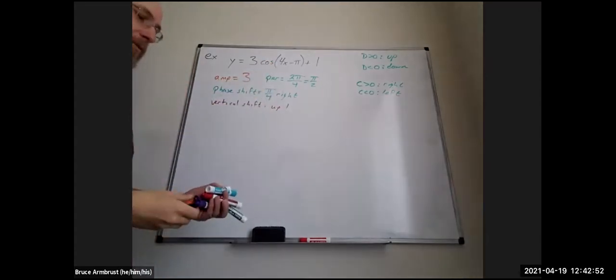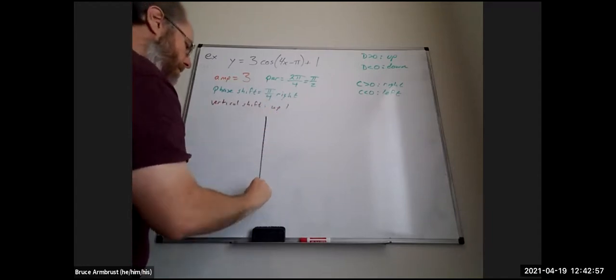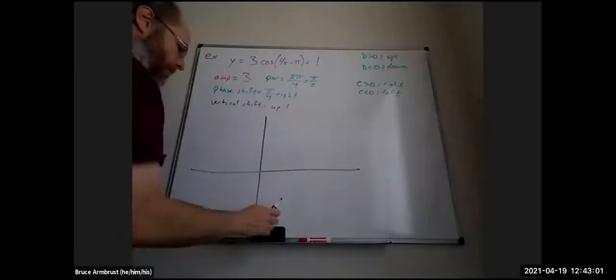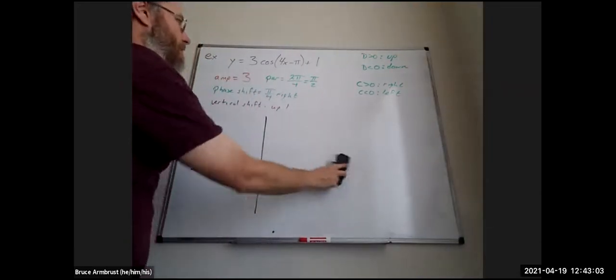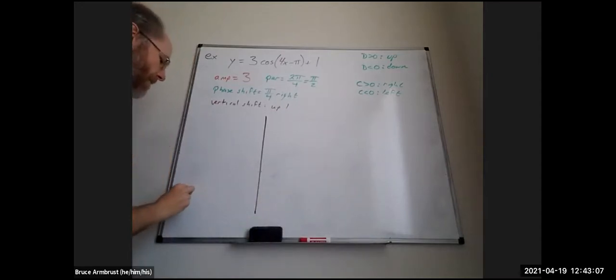Now let me show you how we can draw this very quickly. All right, so here's what I'm going to do. I'm actually going to start with my vertical shift.